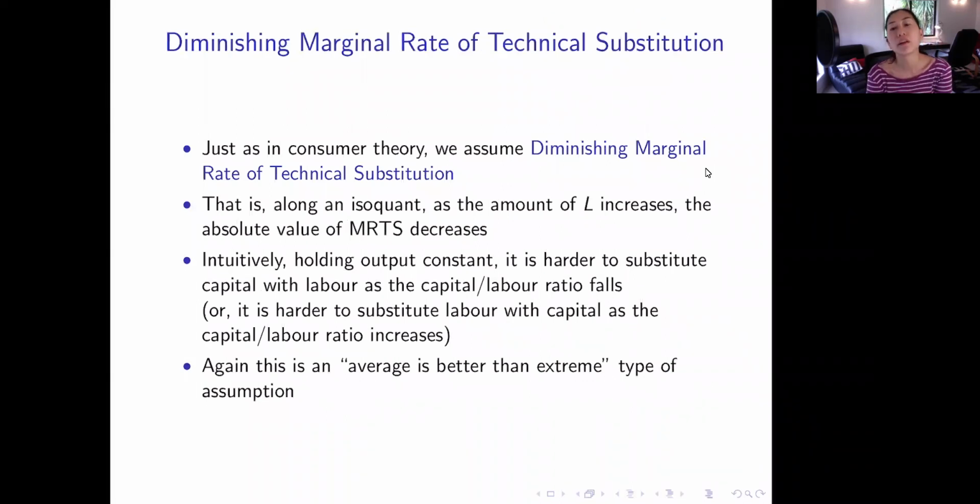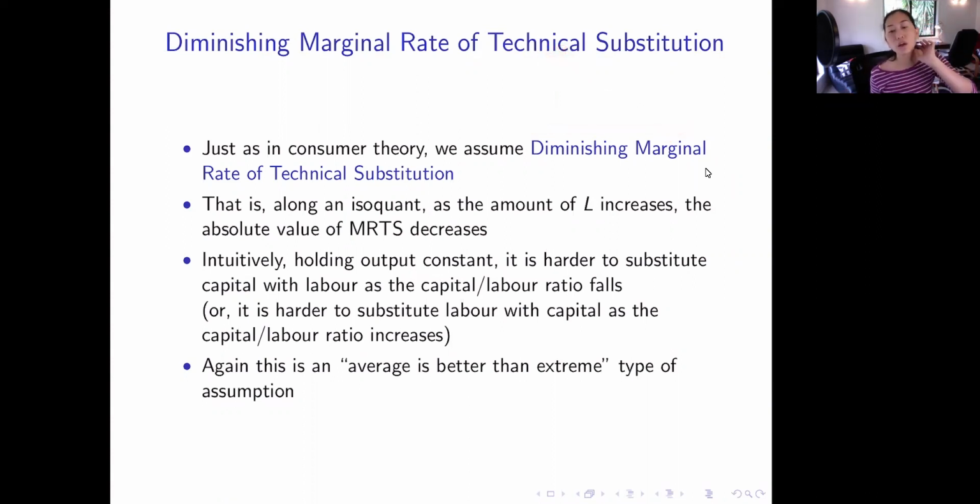Just as in consumer theory, we assume diminishing marginal rate of technical substitution: along an isoquant, as the amount of L increases, the absolute value of MRTS decreases, or the isoquant becomes flatter and flatter as we move down along it.